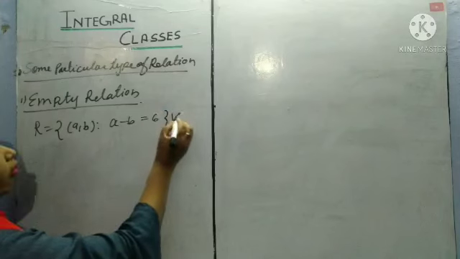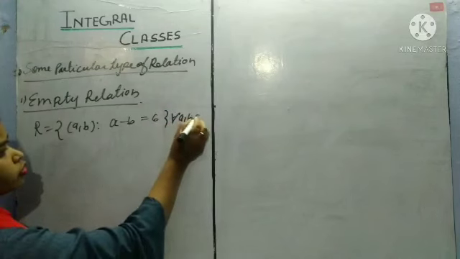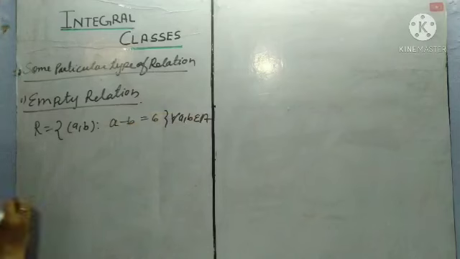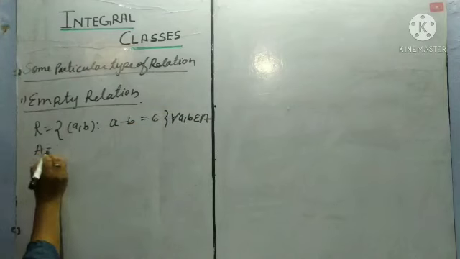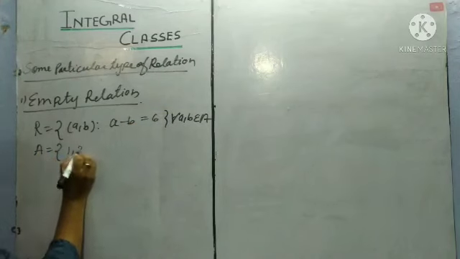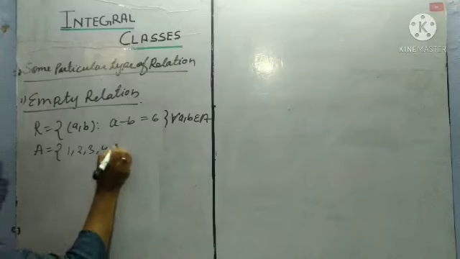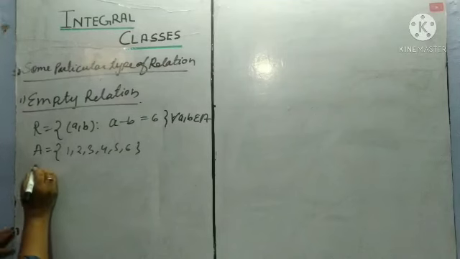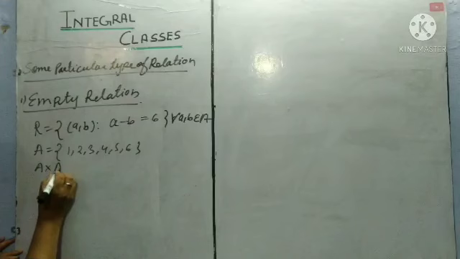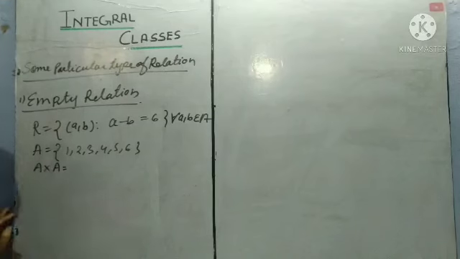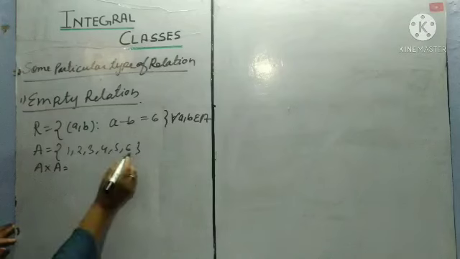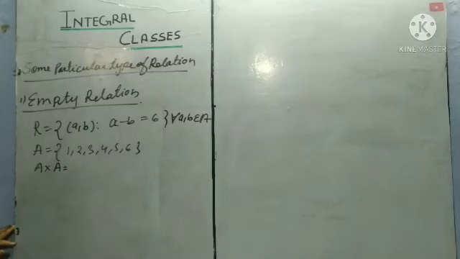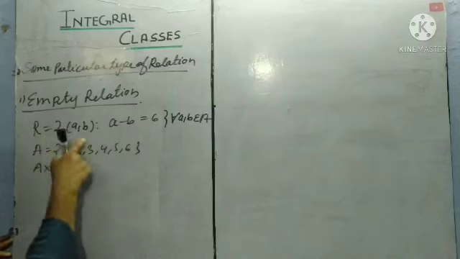Now all (a, b) belong to A, and again we take 1, 2, 3, 4, 5, 6. If we do the Cartesian product A into A, we get 2 to the power 6 subsets. Take the relation R: 1 R 2, 2 R 3, 4 R 5 and 5 R 6.